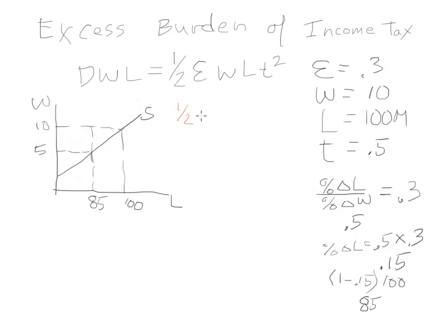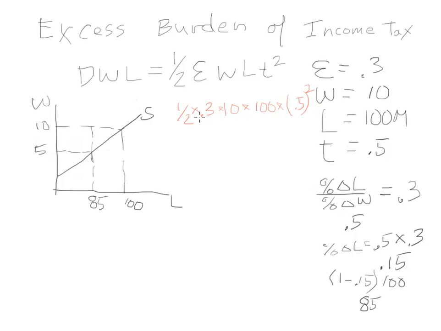Our deadweight loss is going to be 1/2 times 0.3, so that number right there is 0.3, times the wage, which is 10, times labor, which is 100, times 0.5 squared.